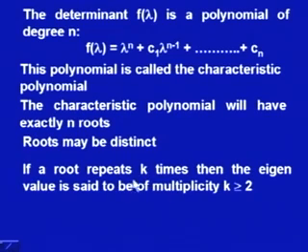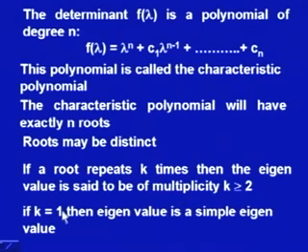If a root is repeated k times, then the eigenvalue is said to be of multiplicity k. So, we call it a repeated root if k is greater than or equal to 2. If all the roots have multiplicity k equal to 1, then the roots will be distinct. So, if k is equal to 1, then the eigenvalue is a simple eigenvalue.